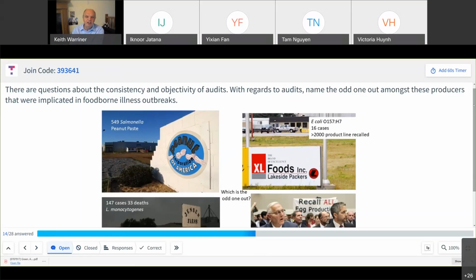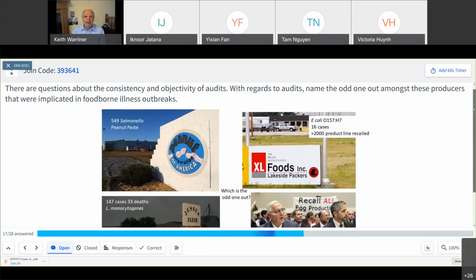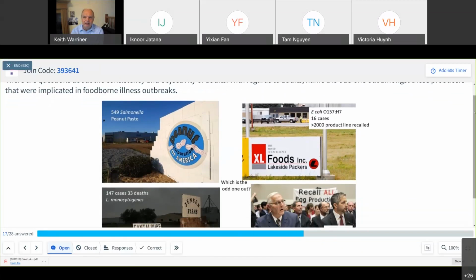And just to illustrate the inherent weakness of auditing, there's 4 outbreaks here, and just try and figure out which is the odd one out. Is it the Peanut Corporation of America that caused over 500 cases of salmonella with their peanut paste when they were sending out product that was known to be contaminated?